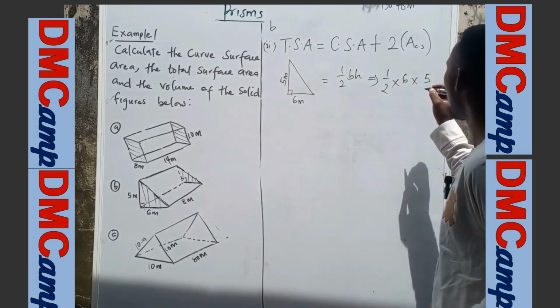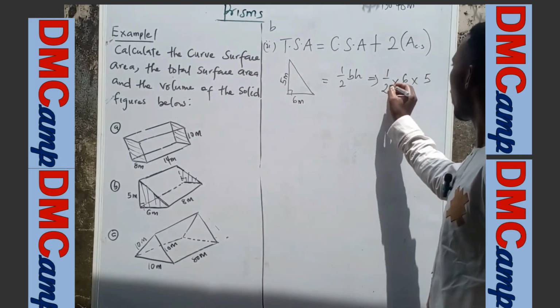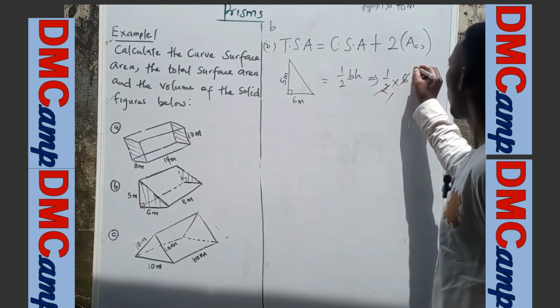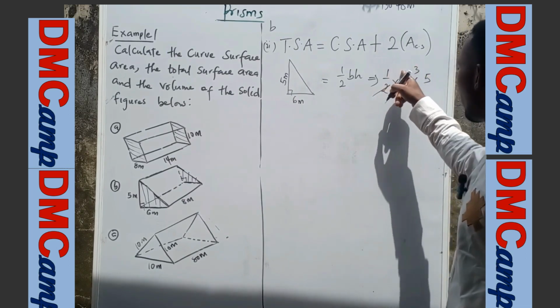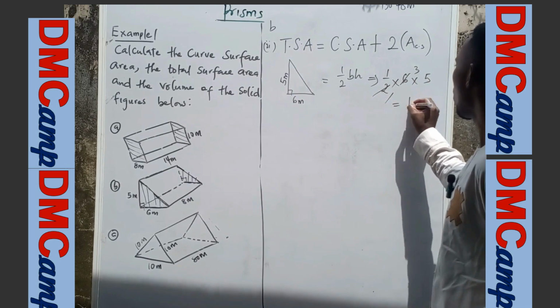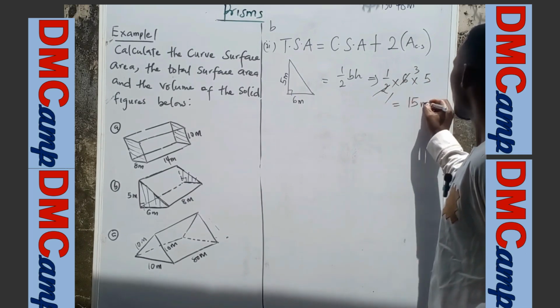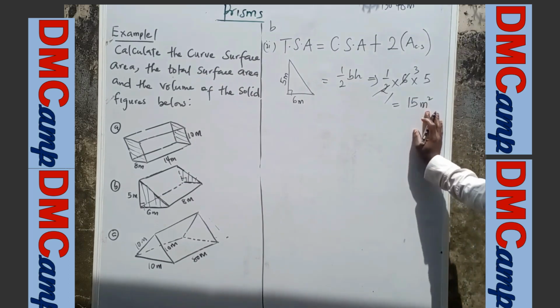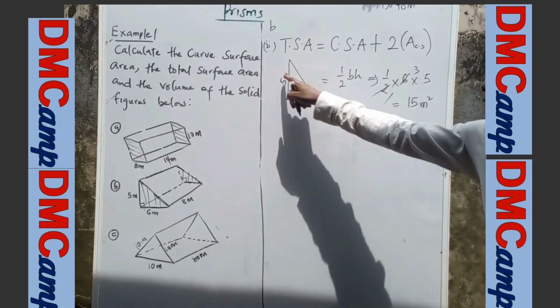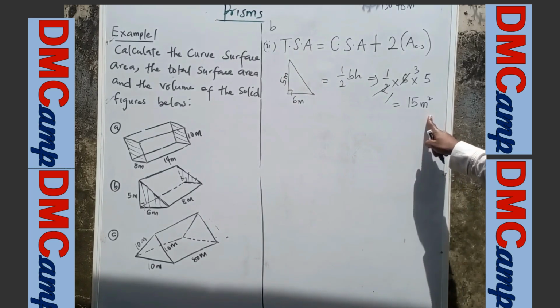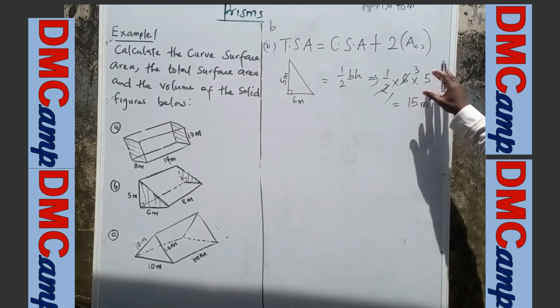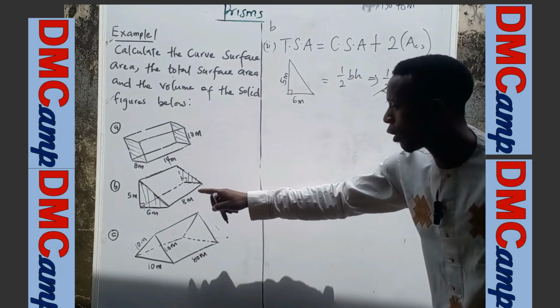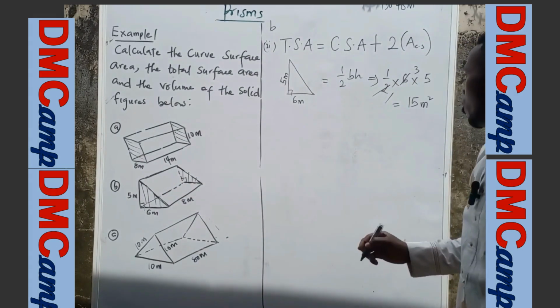The height is 5. So 1 times 3 times 5 will give us 15 meter square. Don't forget area. Meter times meter, meter square. So that is the area of one of this. Don't forget we are having two of this.